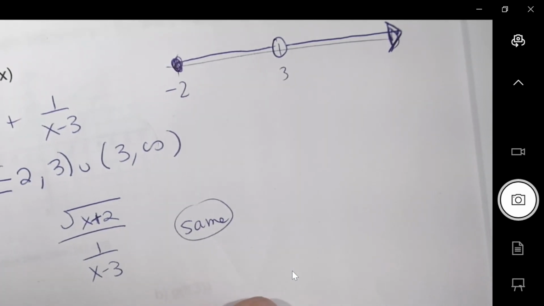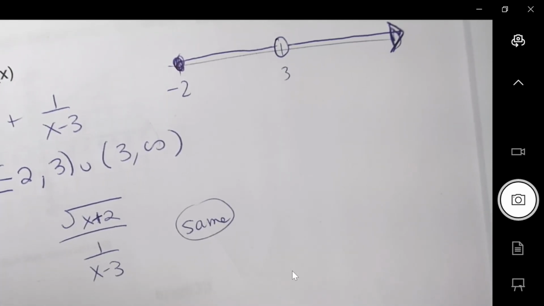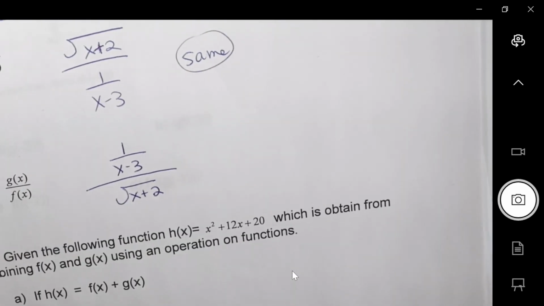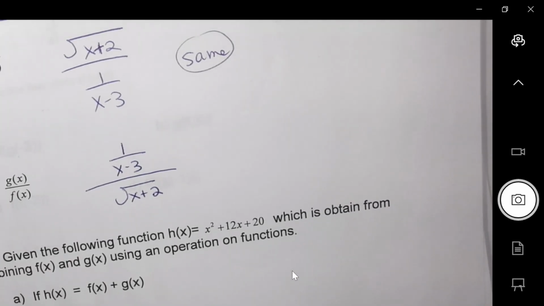And this last one actually changes. There's one difference in the last question in our domain. What is the one thing that changes now? Cannot go all the way to -2.